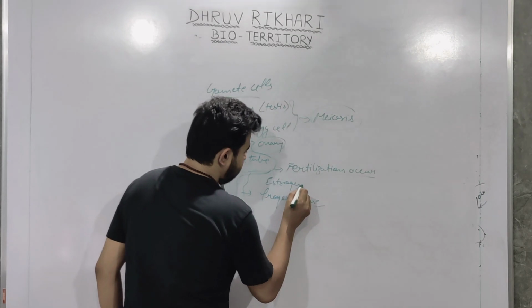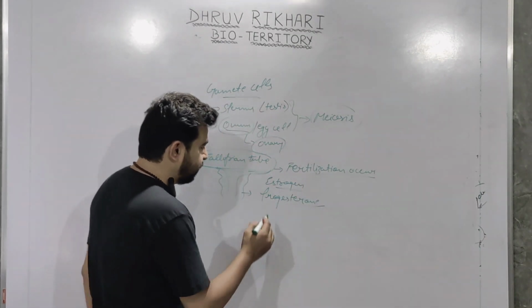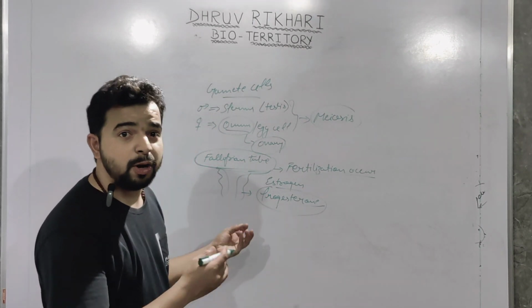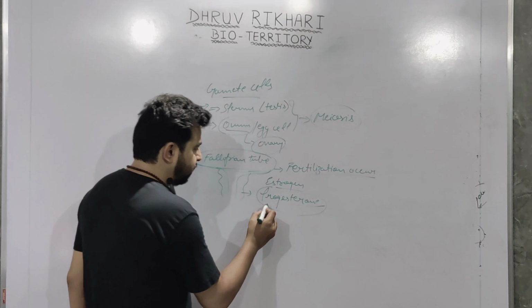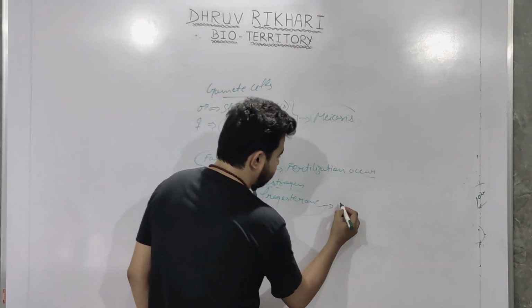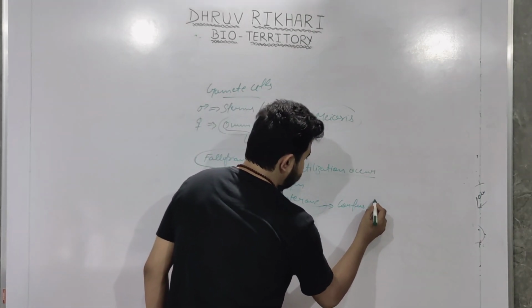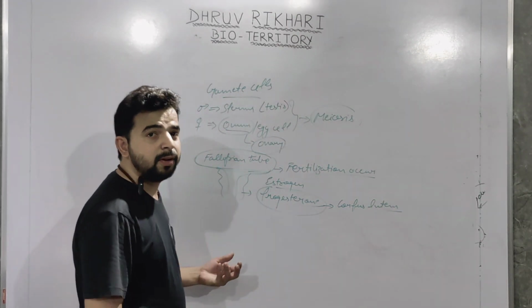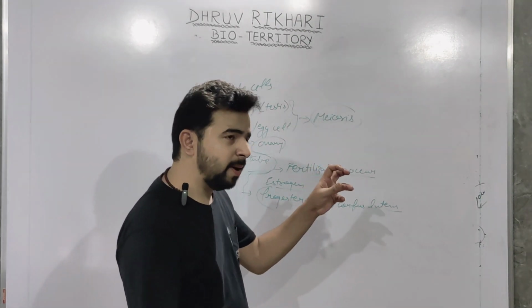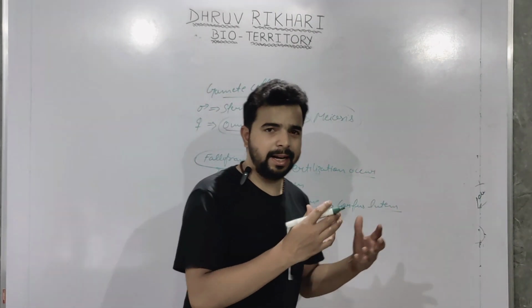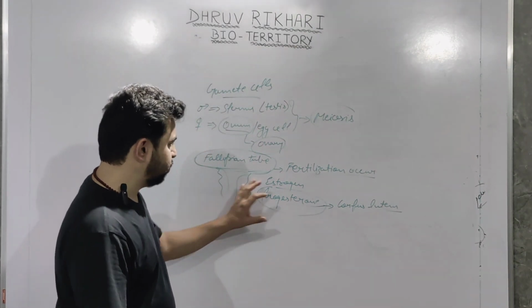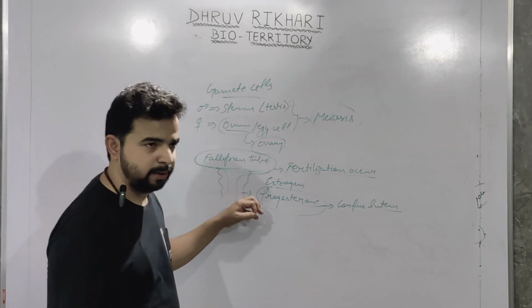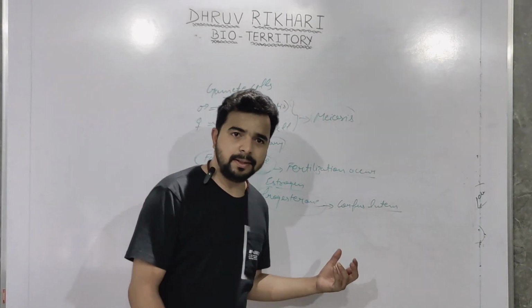One is estrogen, which helps in the formation of the lining, and progesterone, which, during the breakdown of the endometrium lining along with the ovum, from the corpus luteum, which are the degenerated parts, helps in the formation of the endometrium lining again. So the endometrium lining also goes through a cyclic process, right? These are the two hormones which help the maturation of the ovum as well as the endometrium lining.